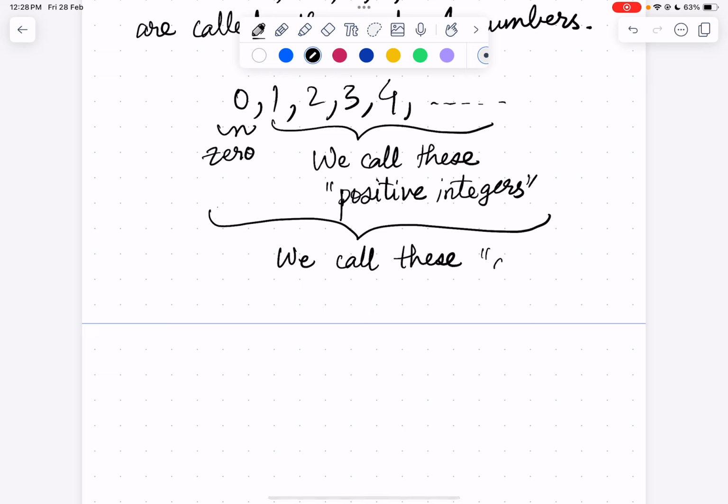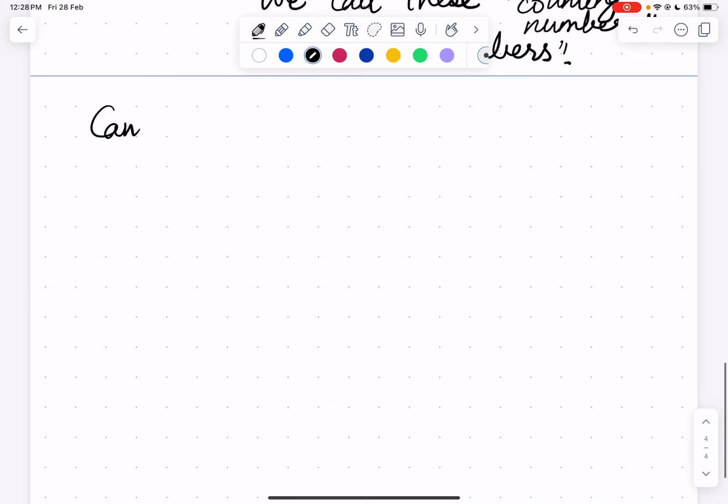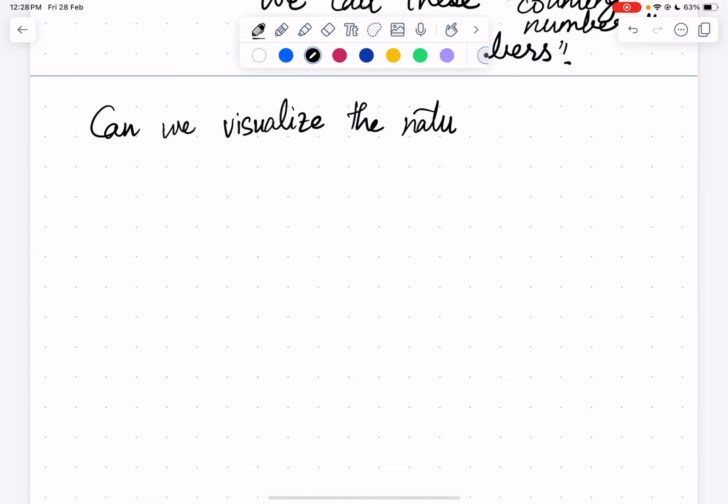We call these counting numbers or natural numbers. Okay, so these are the counting numbers. Can we visualize the natural numbers? Natural numbers meaning the counting numbers.